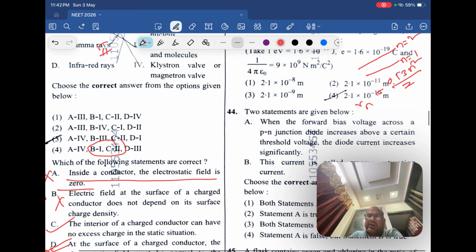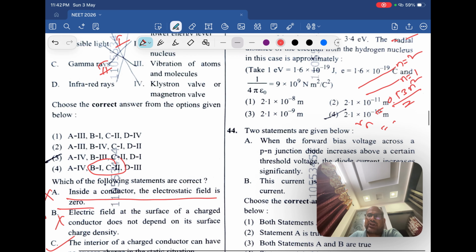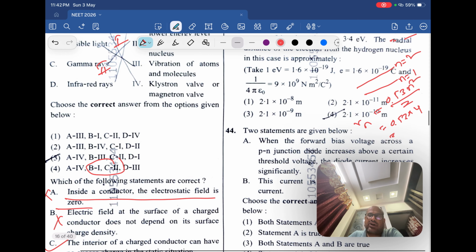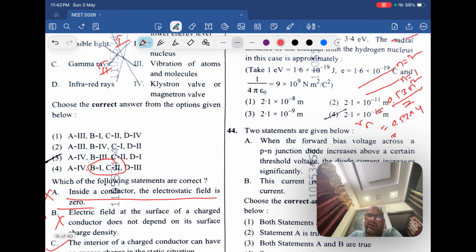So nth orbit radius, here n is equal to 2, students. So you can write 0.53 into 4. It is approximately 2 point something angstrom. Angstrom means 10 power minus 8 centimeter, that is 10 power minus 10 meter.